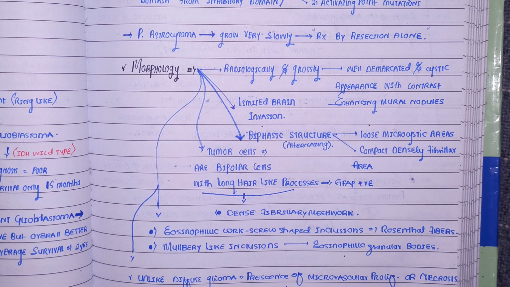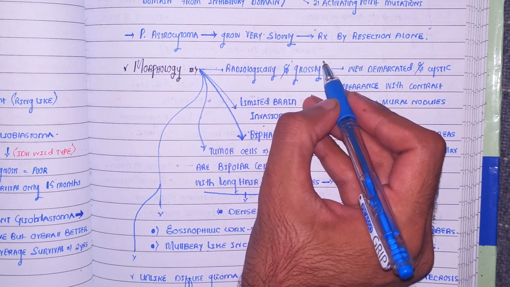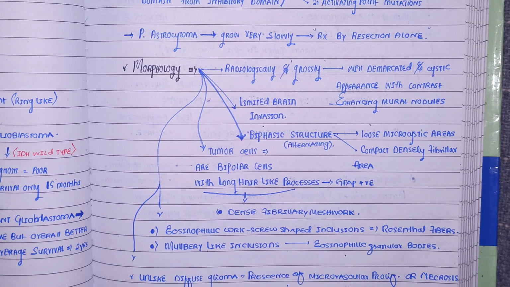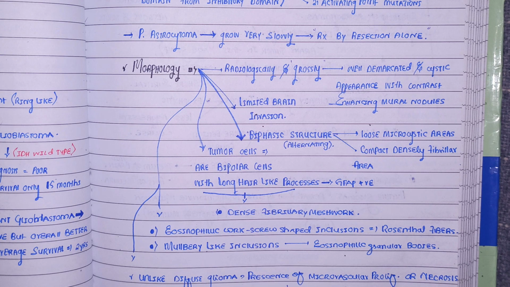If you look at this tumor grossly with your eyes or radiologically on CT or MRI, there is a very well demarcated cystic appearance of the tumor compared to the previous variety that was very much infiltrative. You cannot exactly locate the boundaries of the tumor.